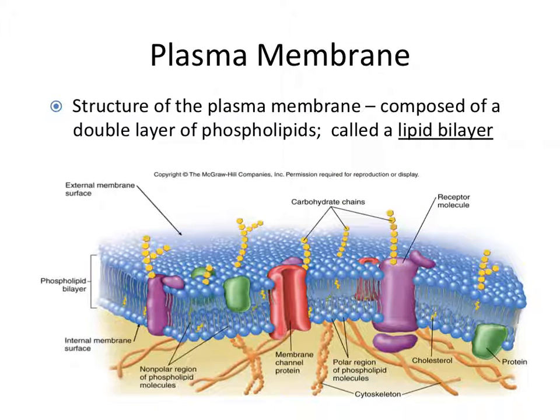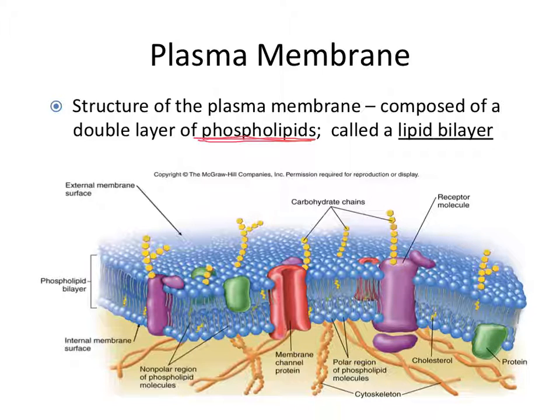Now, the basic framework of the plasma membrane is a double layer of phospholipids. This term phospholipids should sound familiar to you. This was one of the examples back in Chapter 2 of the different types of lipids. Remember that lipids are a category of the macromolecules, and these macromolecules in turn are used to form the cellular organelles, the structures of the cells.